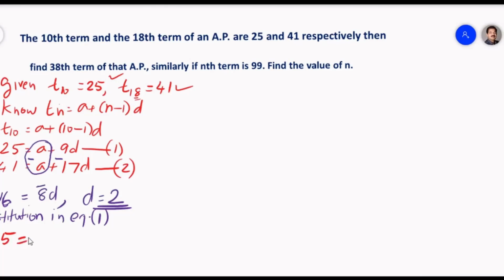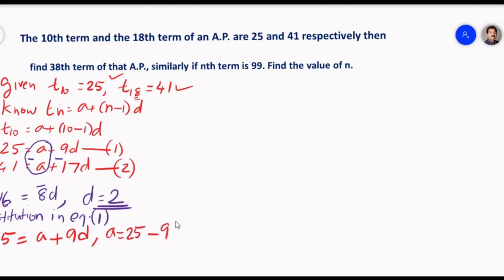25 is equal to a plus 9d. I put that in the question. I am not getting space to write 2 here also. We rearrange it: 25 is equal to a plus 9d, which can be written as a is equal to 25 minus 9d.